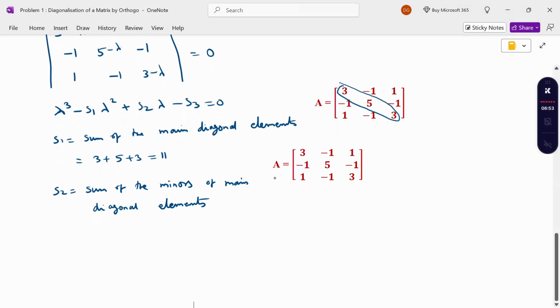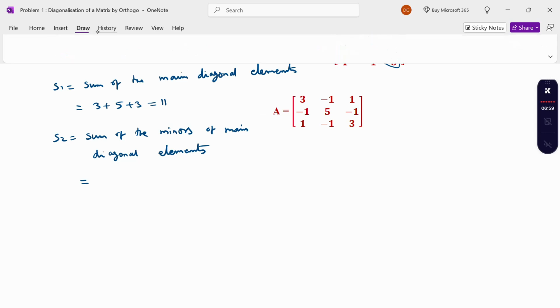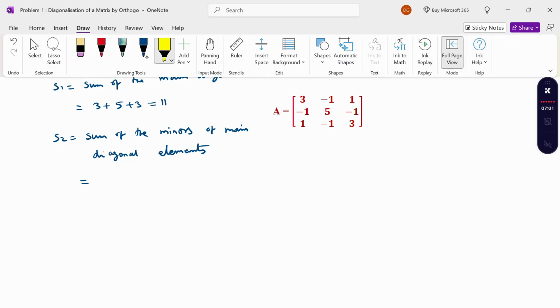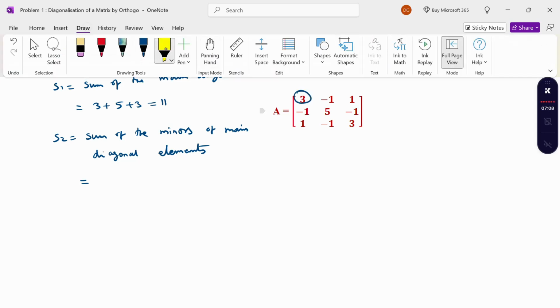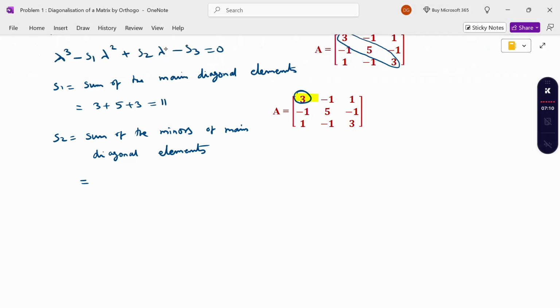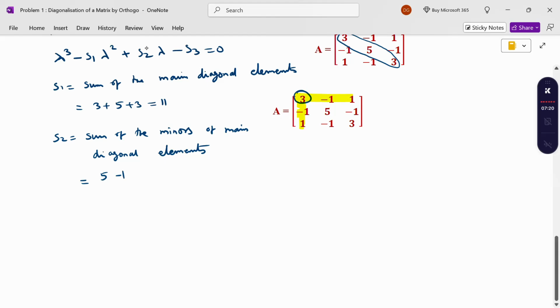First diagonal element 3: leave this row and this column, so the minor matrix is 5, minus 1, minus 1, 3.